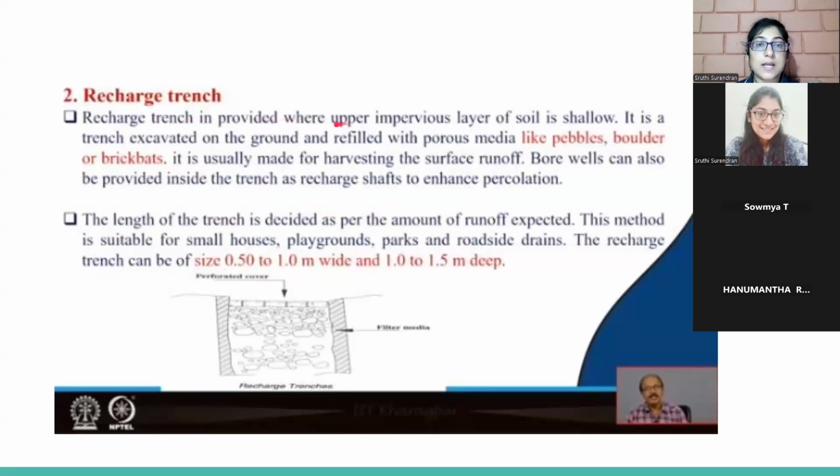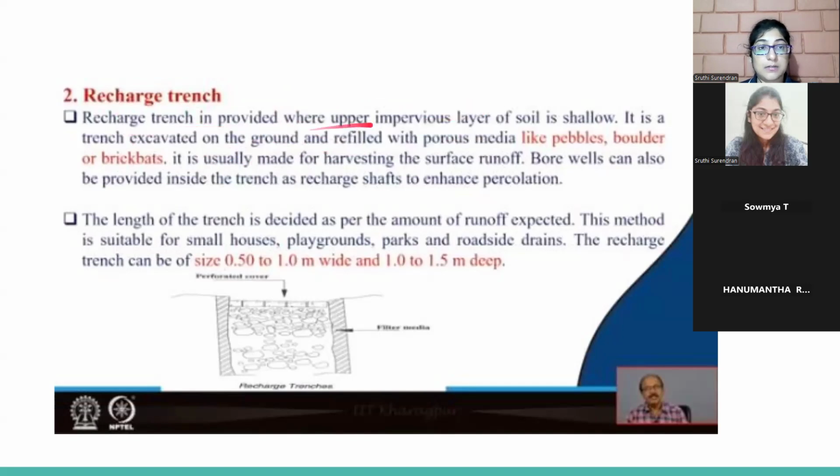It is provided where the upper impervious layer of soil is shallow. The condition where such structures are constructed is an important thing. A lot of questions come asking under which condition the recharge pit is provided or under which condition the recharge trench is provided.